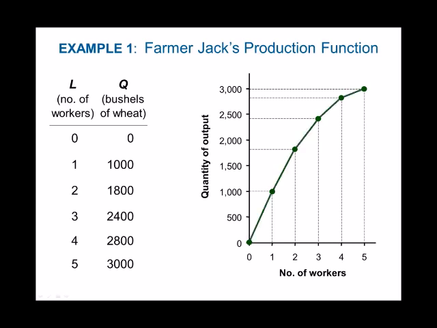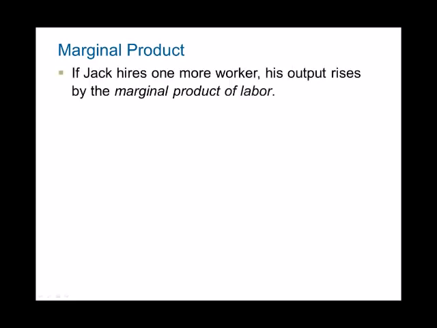So we can look at it in graphical form or in tabular form, but this is basically telling Farmer Jack that if he has 5 acres of land and increases the number of workers, his output, which is the number of bushels of wheat he can produce, becomes that amount. From here, we always think at the margin.